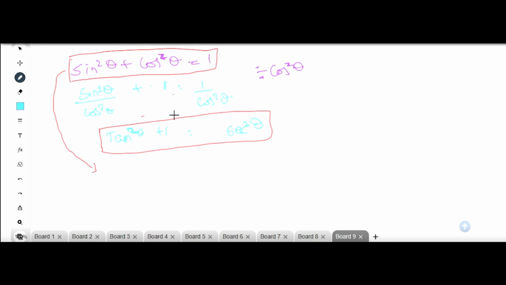Can you divide that equation by sine square theta and tell me? It will be cotangent, right? Very good.